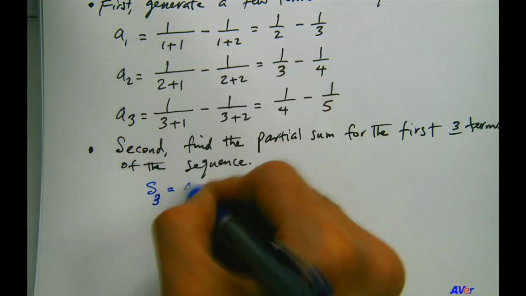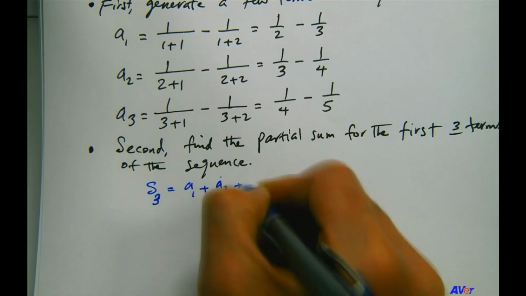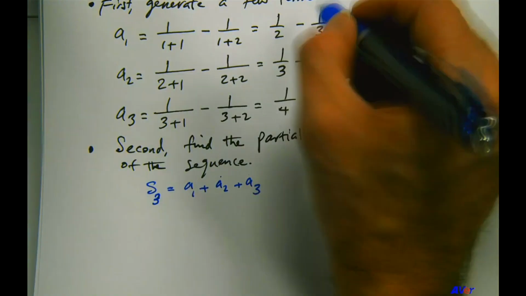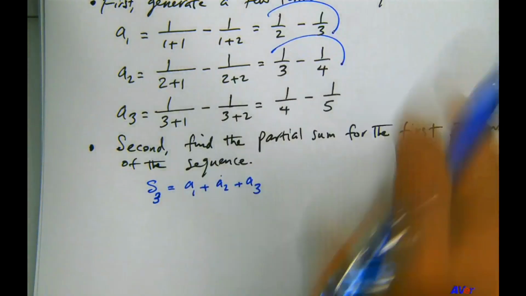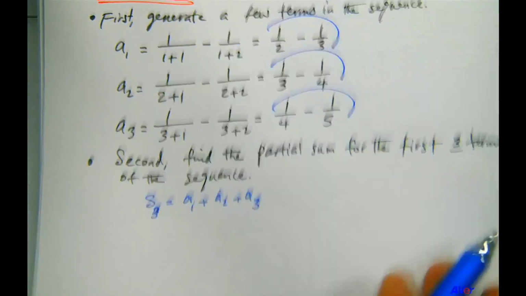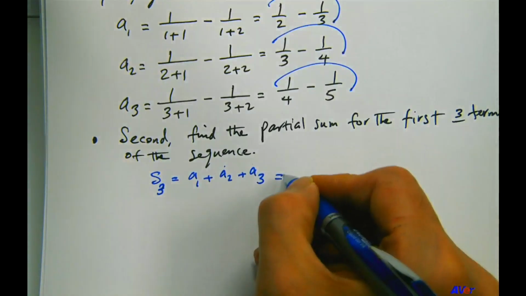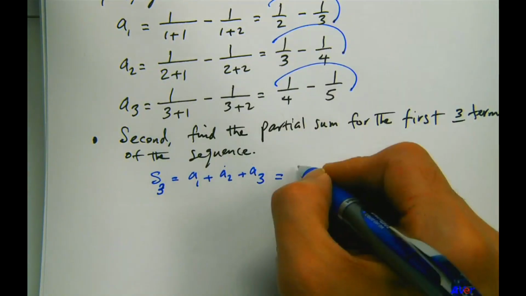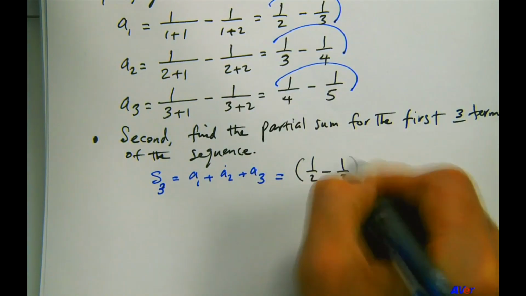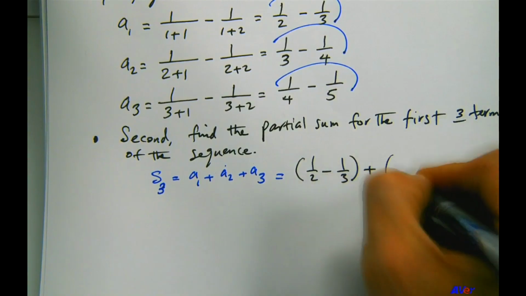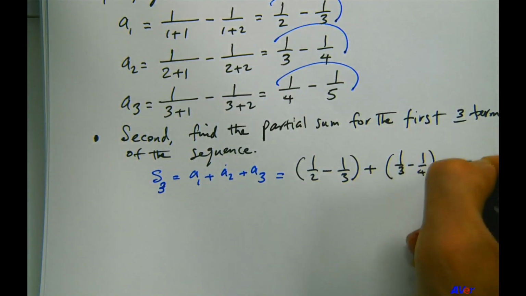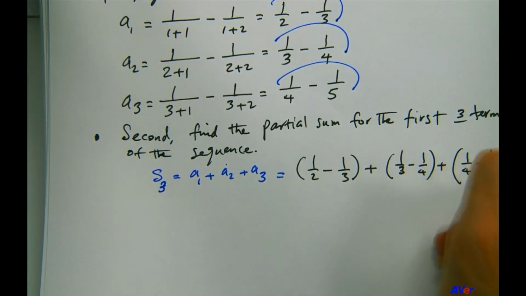It will be A1 plus A2 plus A3, right? Okay, so we have A1, A2 and A3. Let's add those results. We're going to get 1/2 minus 1/3, that's A1, plus 1/3 minus 1/4, plus 1/4 minus 1/5.